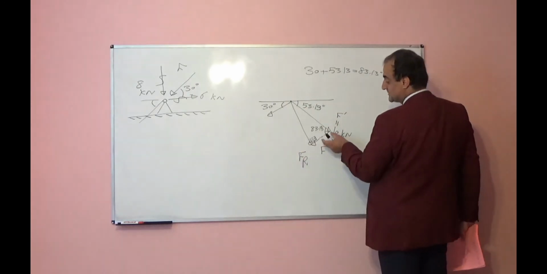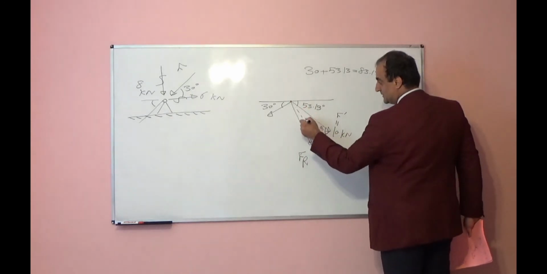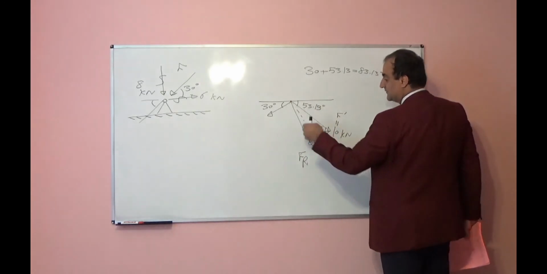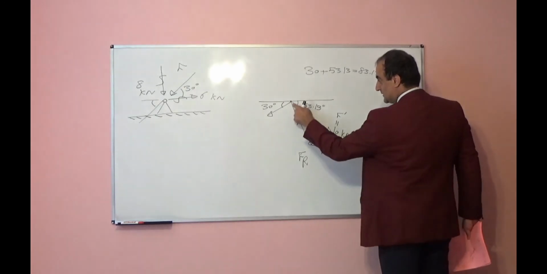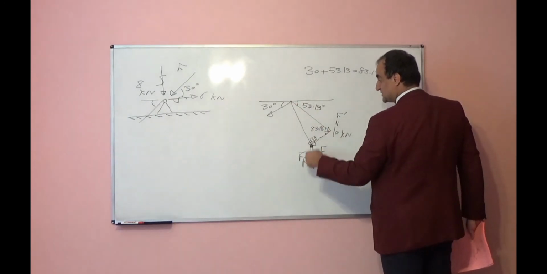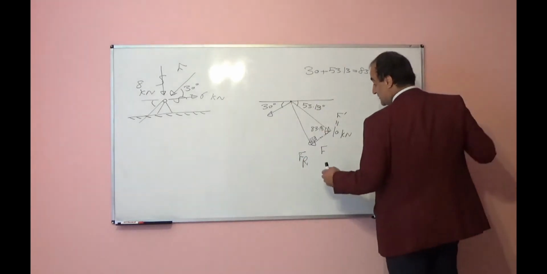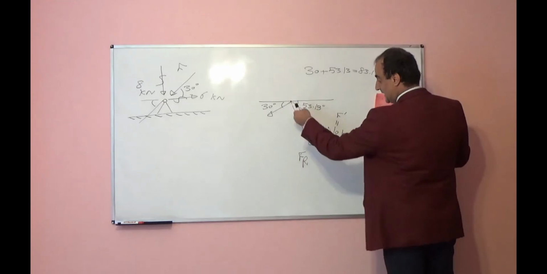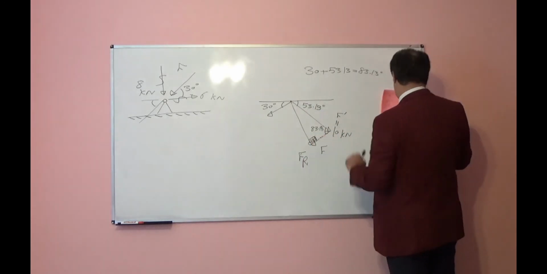Or if it is shorter than that, again for example here, the length for Fr will be longer. So in order to make the total resultant force minimum magnitude, the direction of this F and this Fr should be perpendicular to each other.